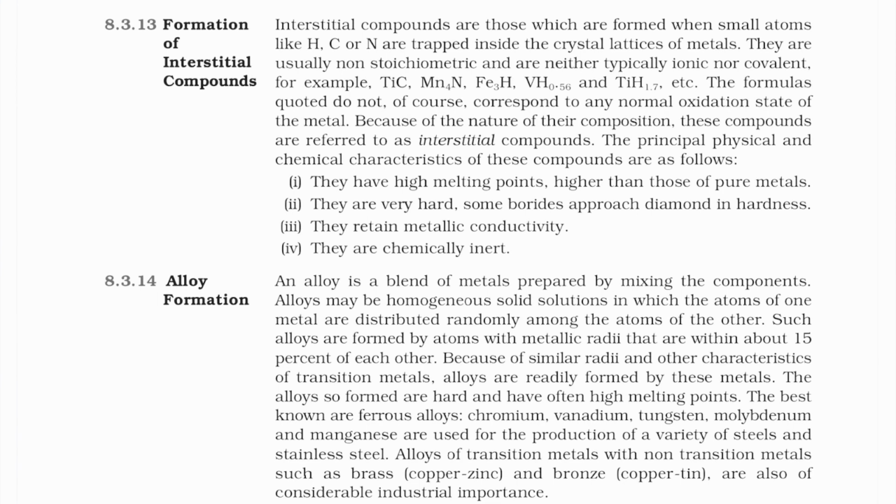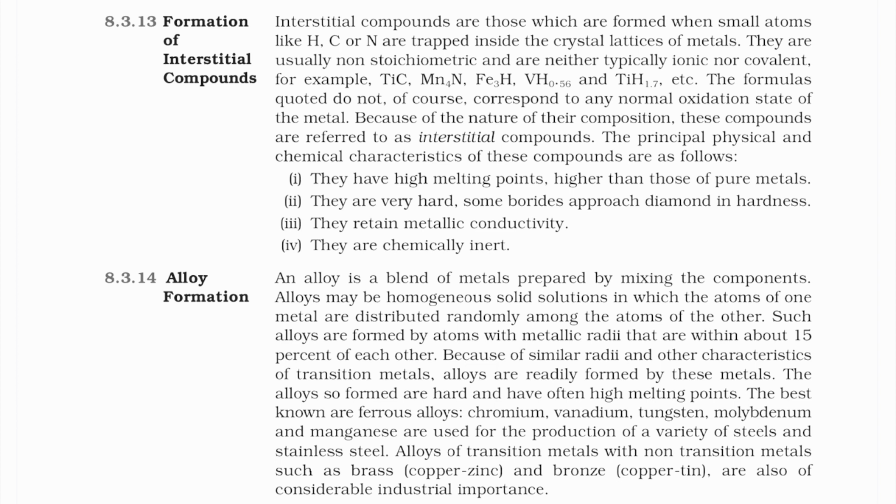Number 1, they have a high melting point, higher than those of pure metal. So melting point will be higher. They are very hard. Some borides approach diamond in hardness. They retain metallic conductivity and they are chemically inert. So these 4 points you have to remember that are characteristics of the interstitial compounds.